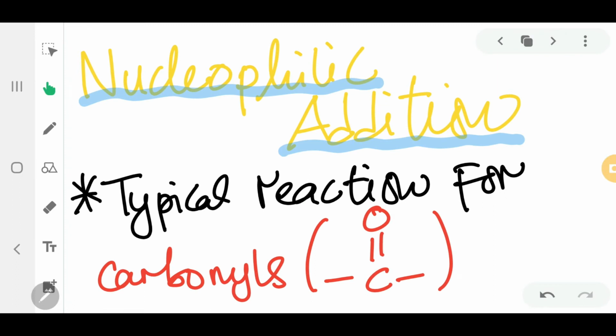Next, we're going to look at nucleophilic addition. This is a typical reaction for carbonyls, with C double bond oxygen. It's different from what we looked at just now for electrophilic addition, which is typical for alkenes and alkynes. If you have C double bond oxygen, this is going to be nucleophilic addition.